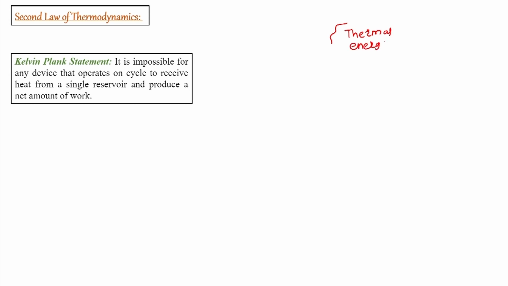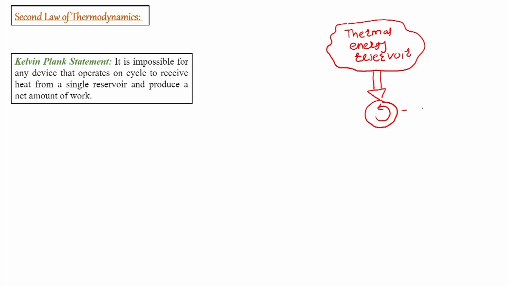energy reservoir, and that thermal energy reservoir is interacting with a system which is undergoing a cyclic change, and we say that it is giving Q amount of heat and the system is doing W amount of work, where no heat is rejected.